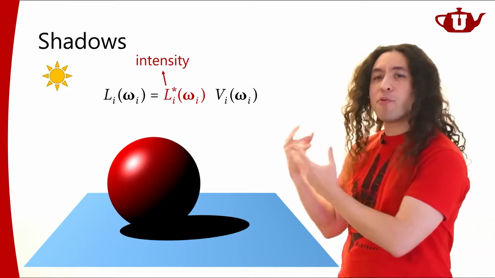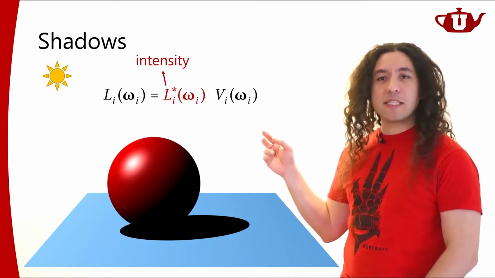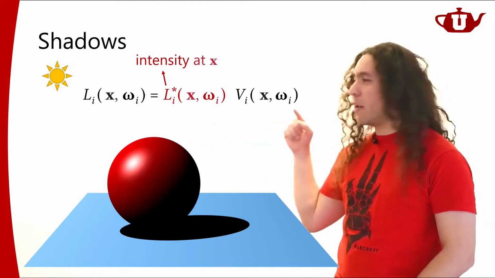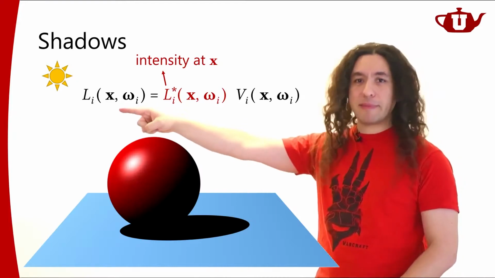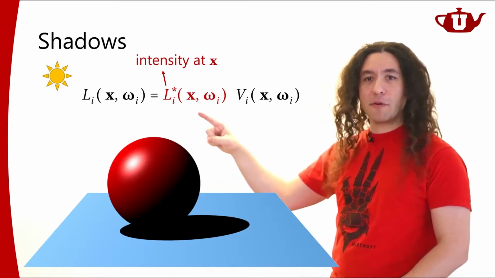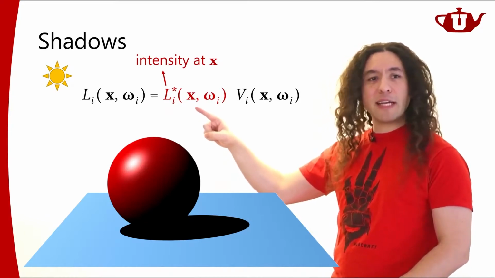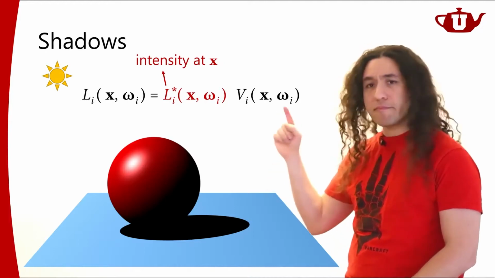So a more proper, longer way of writing the rendering equation would include these x's in all of the terms. So it is the light at that point coming from this direction. This is the light intensity at x. This is the visibility at x, right?